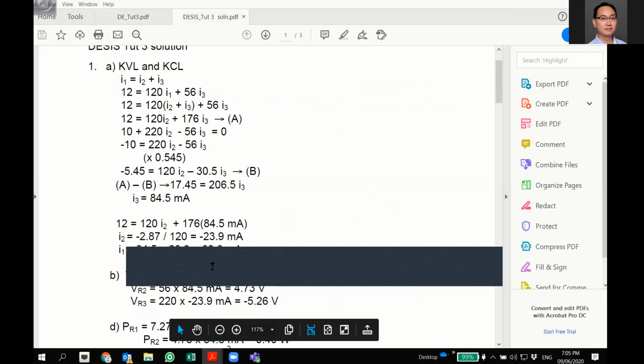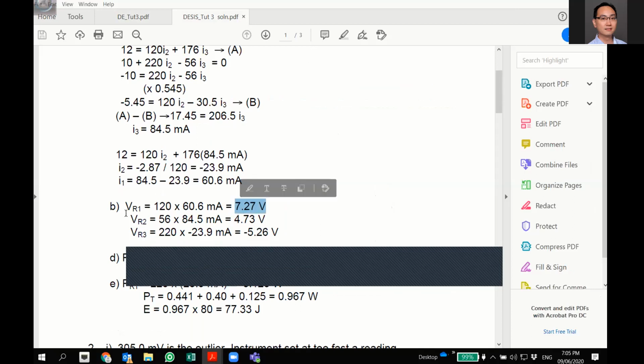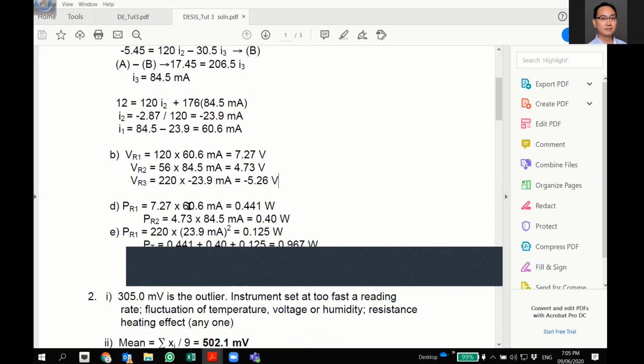For power, you can find the individual voltage drop on each resistor. So you have the VR1, VR2, and your VR3. So you find that, and then you can calculate the power. Power equals voltage times current.